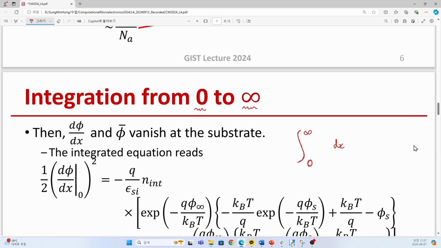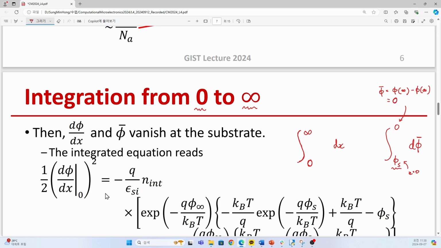If we consider it in terms of, for example, phi bar, this will go from phi s to 0. Why? Because the phi value evaluated at x equal to 0 is defined as phi s, and we must evaluate phi at infinity minus phi at infinity. So by its definition, that should vanish.